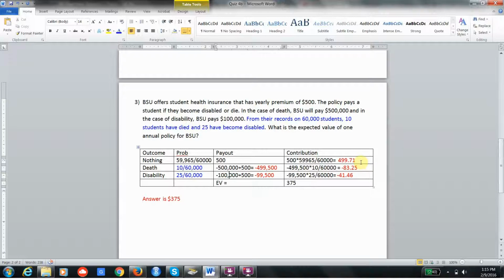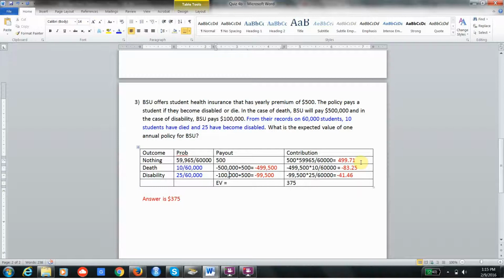Okay, I'm going to check that real quick just to make sure. Yep. It was 0.708 cents, and I rounded that off to the nearest cent. That's positive. And the other is going to be 499,500 times 10 divided by 60,000, and it's going to be negative. So when we do that, we should get minus 83.25.